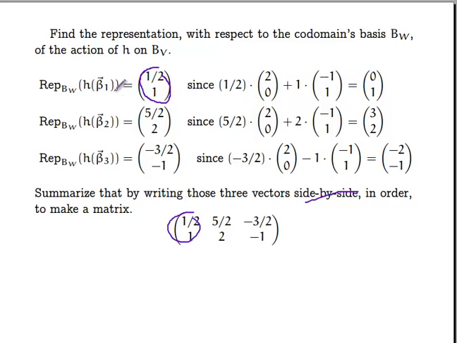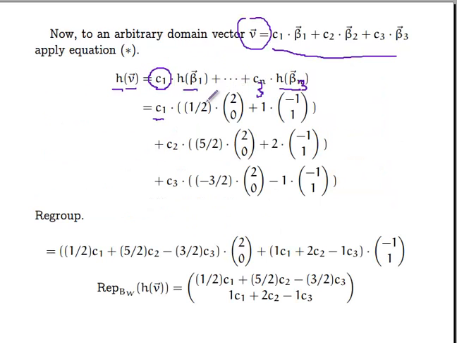So we're just replacing h of beta 1 with this representation, h of beta 2 with this representation, h of beta 3 with this representation. Okay? So in that way we get h of v as a linear combination of basis vectors. Now we want to group coefficients of like vectors. We'll group all the 2, 0 terms together, and we'll group all the minus 1, 1 terms together.